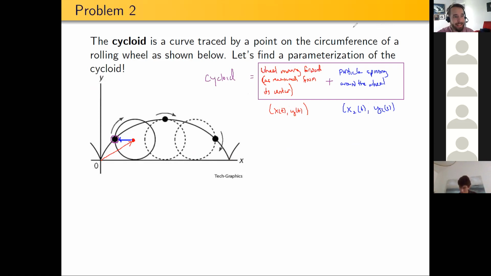And then by adding these together, the position of the cycloid will be the first x plus the second x, and then the first y plus the second y as a function of t.